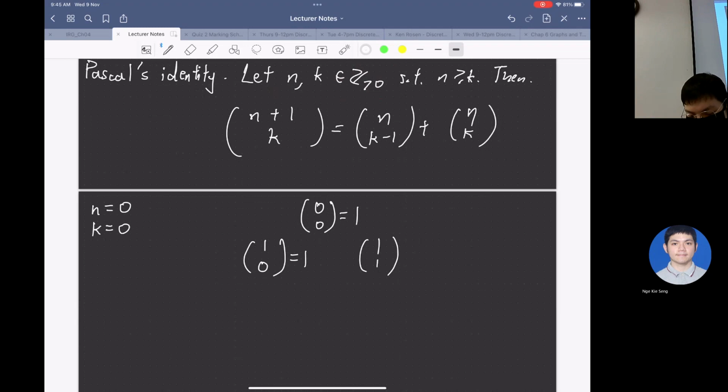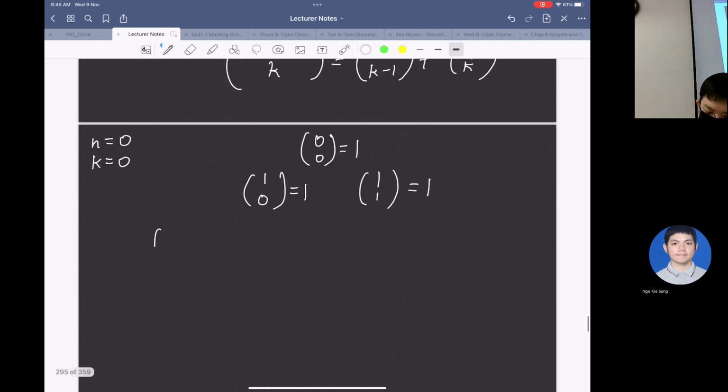Because it's the empty set. You pick nothing from one set. And then 1 choose 1 is just one way to pick one thing. So it's 1. And then how about 2 choose 0, 2 choose 1, and 2 choose 2?